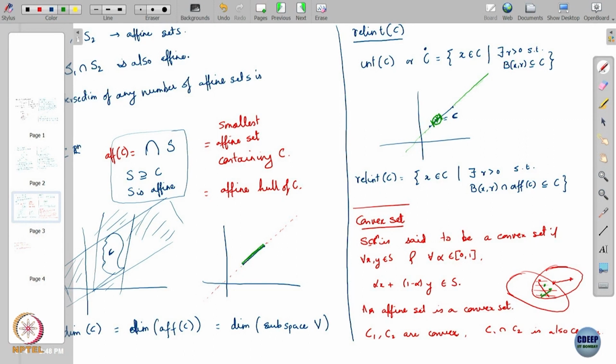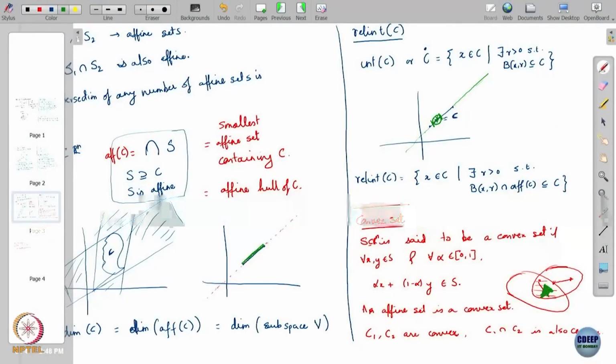Any convex combination of 2 of these points makes a segment that lies in C; this segment lies in C, this segment lies in C, all 3 of those segments lie in C. Now, I can do more. Now that I know the segments lie in C, I can take segments joining points on them, eventually covering the entire triangle, right. So, every possible convex combination of the 3 vertices of this triangle would be covered by this. This is not very hard to see.